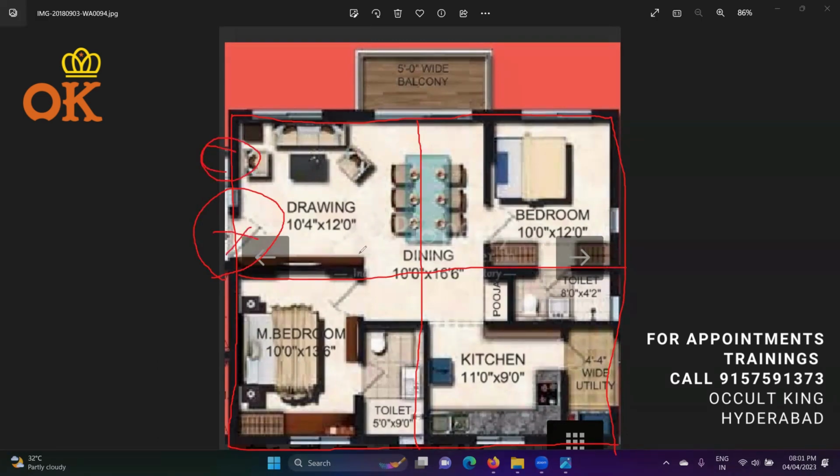Anyways, the position of the entrance depends upon the degrees you get, the positive degrees and the negative degrees, and the effects of each, which we will learn in our upcoming videos. As of now, we will consider this as a negative entrance and try to do the analysis.